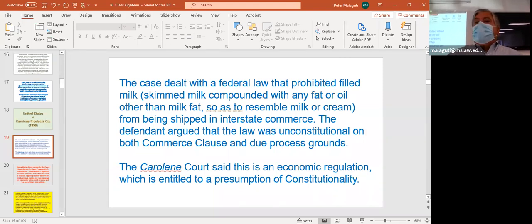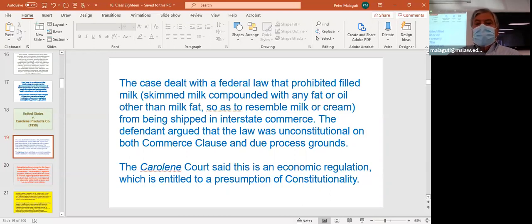And the federal law actually prohibited the shipping in interstate commerce of filled milk. Caroline Products complained that this was unconstitutional. It violated the Commerce Clause and also the right to private contract and property rights.